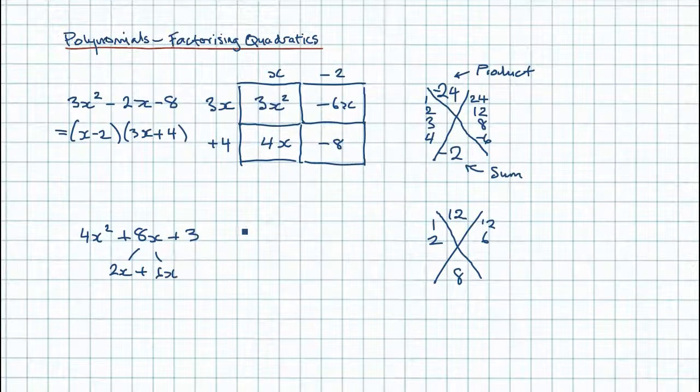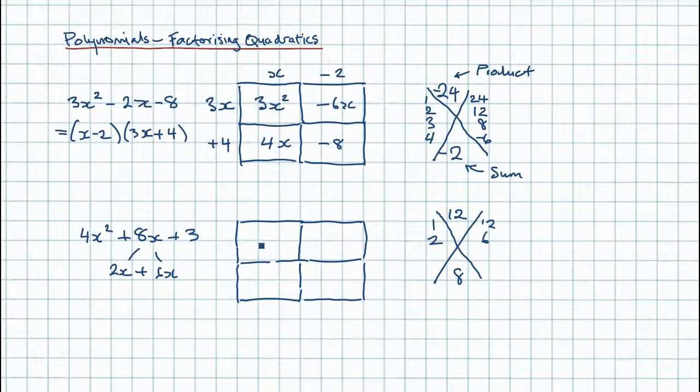So now we can work on our grid. Okay, giving us our 4 boxes, which we now know all the values that have got to go in.